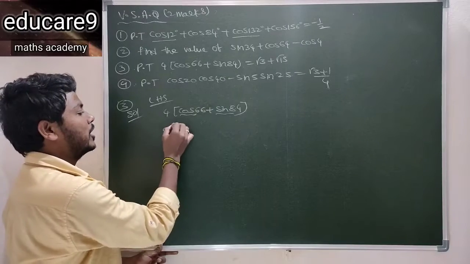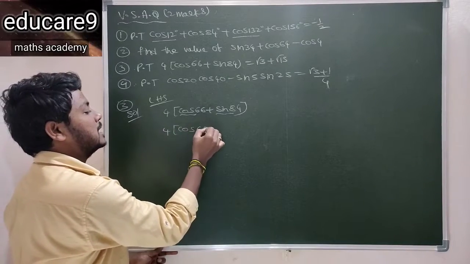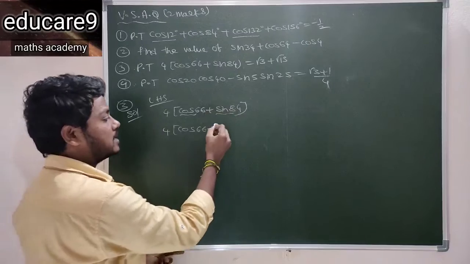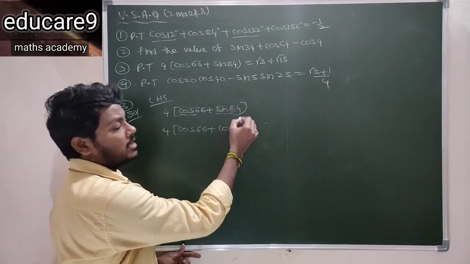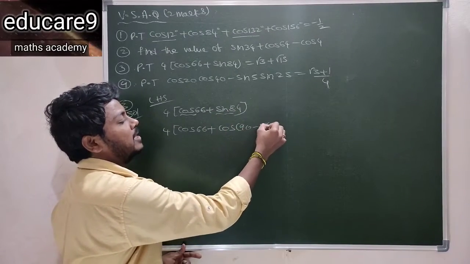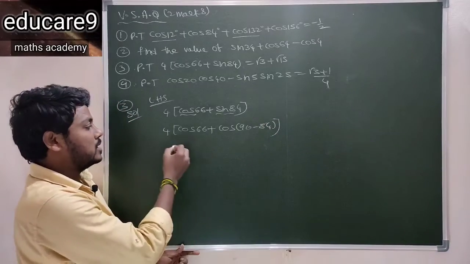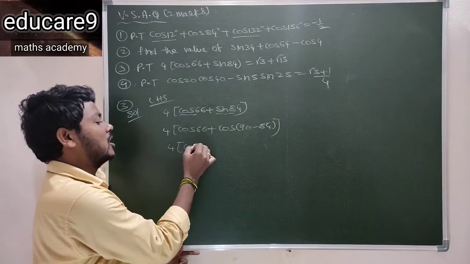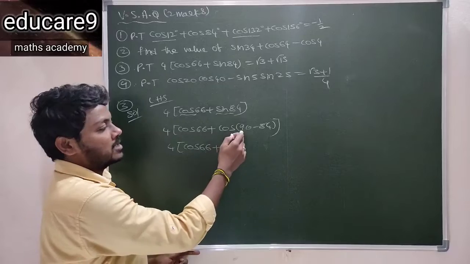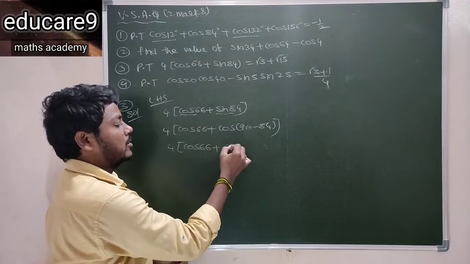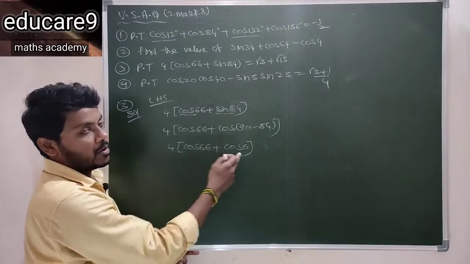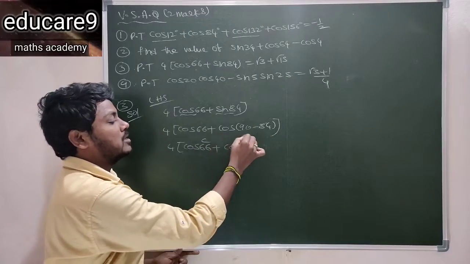So this is 4 into cos 66. So this can be written as cos of 90 minus theta. So 90 minus 84. So this is 4 times of cos 66 plus cos of 90 minus 84, cos 6. So you have to apply cos C plus cos D formula.